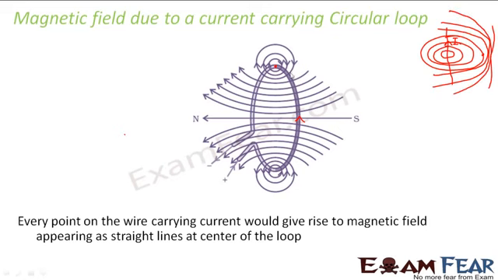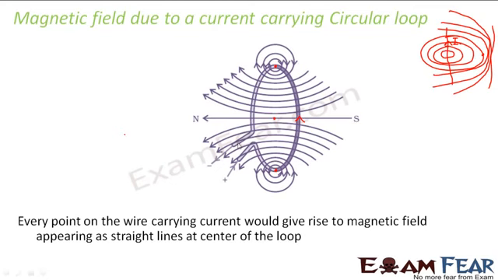So the same is the case here. If this is your point, first, for the nearer points, it will be concentric circles. As you go away, finally towards the center of this circular loop, you will get a straight line. Similarly, it is not only about these two points; any point on this circular loop will behave in a similar manner.